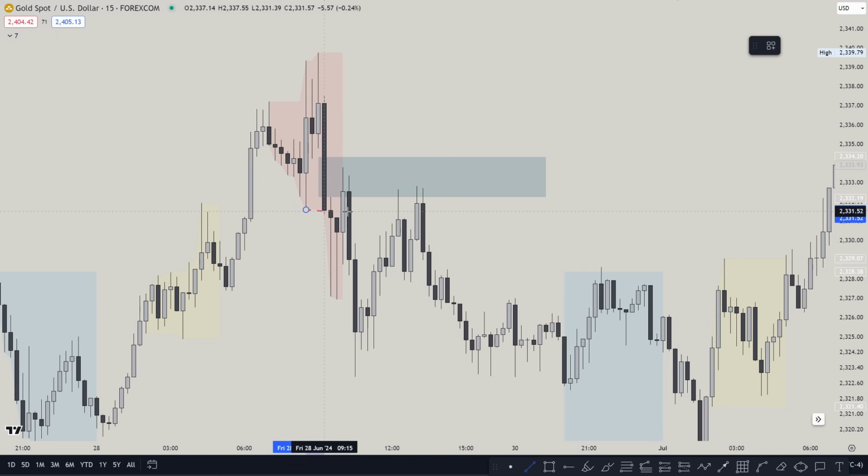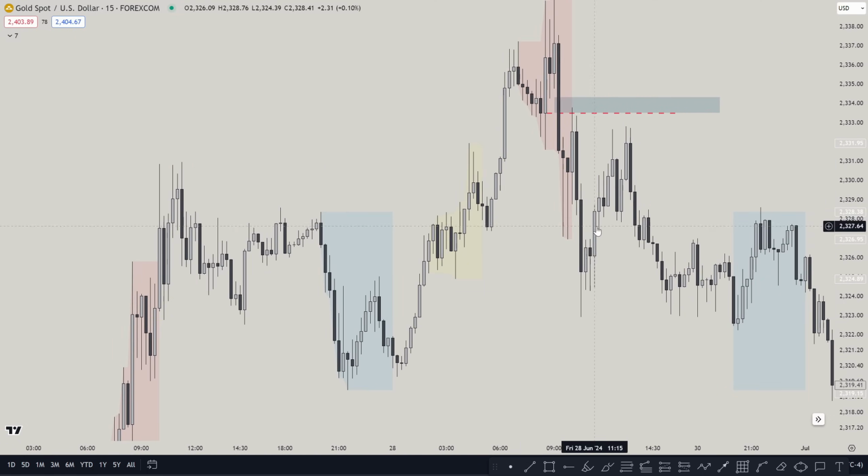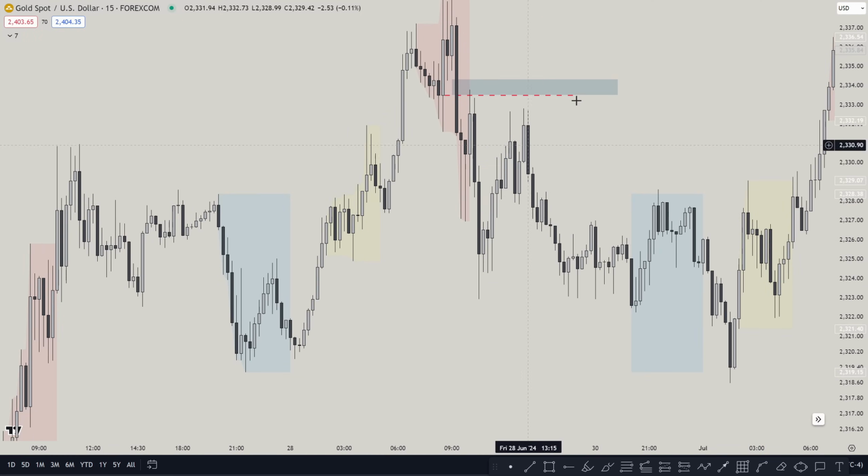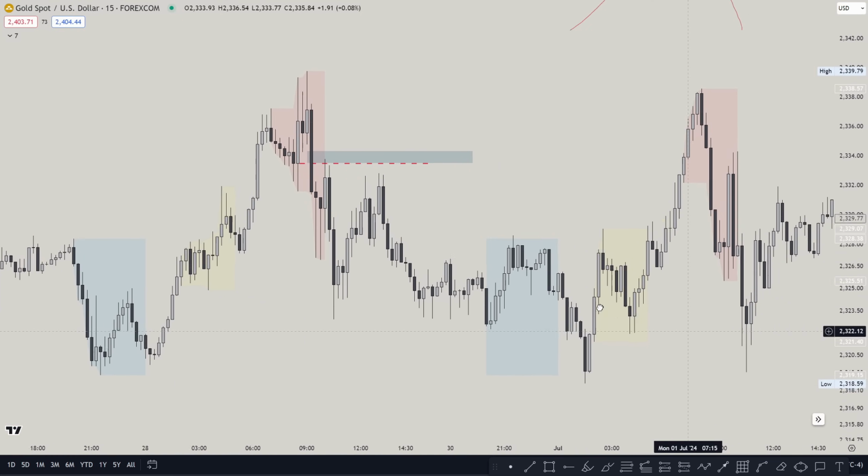Now we have this low, but this is out of the overlapping. We have this body of the low, right? And that's how you get a very refined balance price range where you can get sniper entries. Again, you see here, very nicely done. This is a delayed and not a clean balance price range.